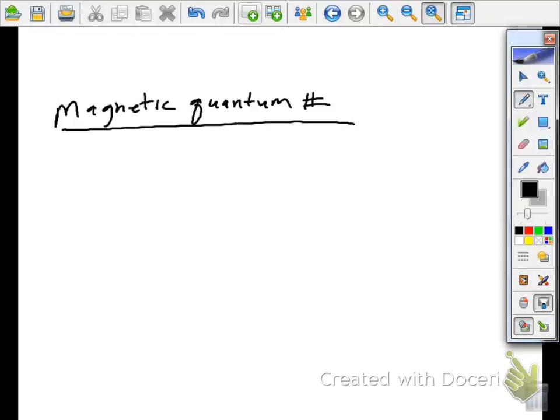Okay, so the magnetic quantum number is symbolized with a little m. And it indicates the orientation of the electron. I'll need to explain what that means.